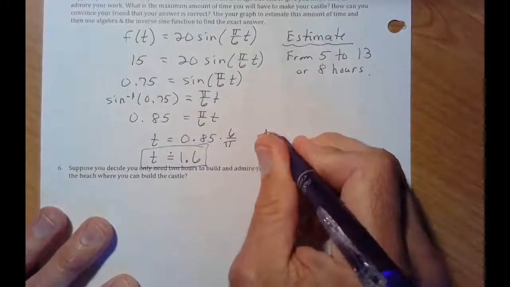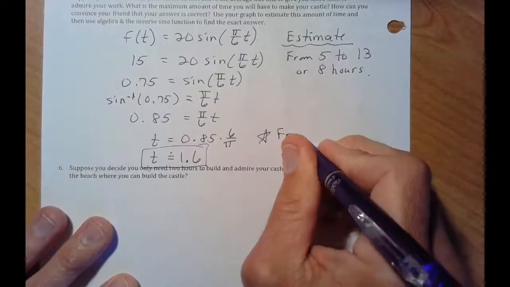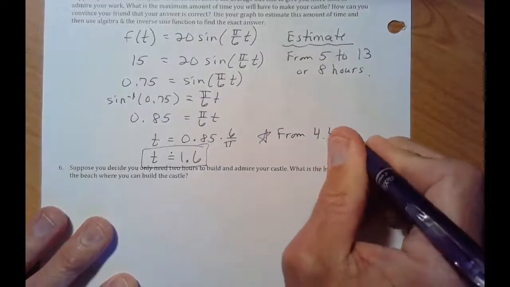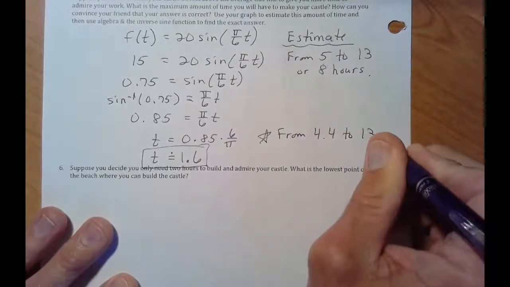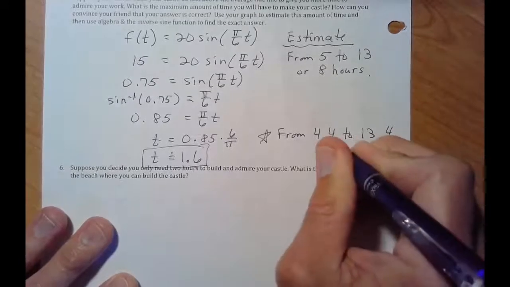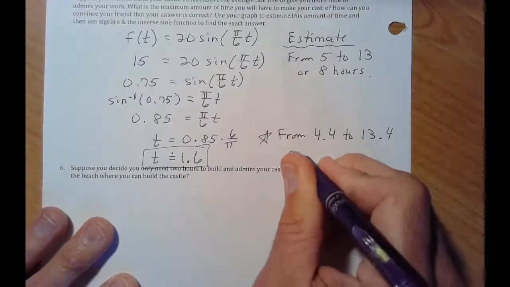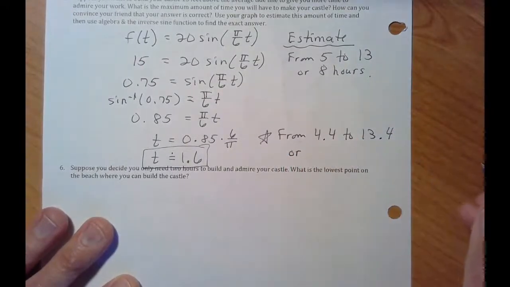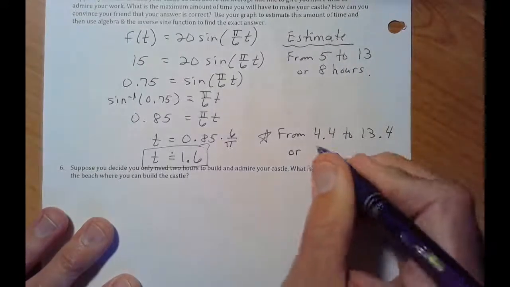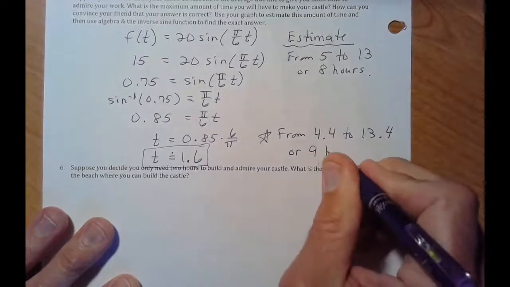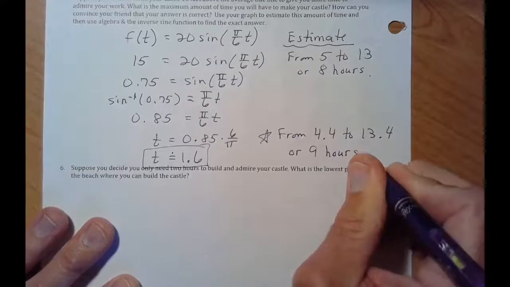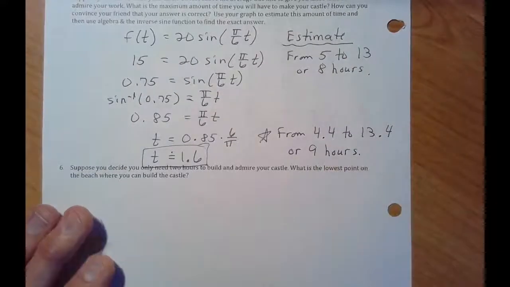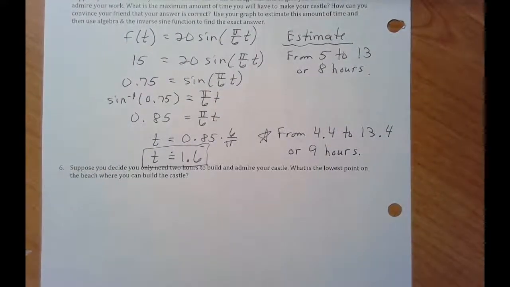My answer is really from 4.4 to 13.4, which is actually 9 hours. So I really have 9 hours of time, from around 4.4 hours past midnight to 13.4 hours. So a little time in the early afternoon.